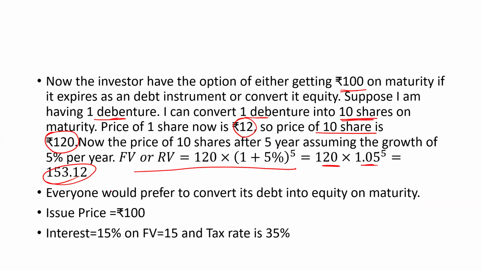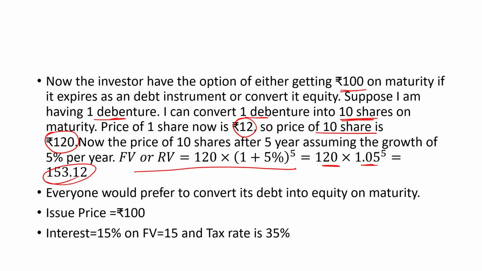But if you're considering it like equity, assuming that whatever debt instrument you have has been converted into equity, then the redemption value is the opportunity cost we are talking about here. Because you have the feature of equity, the redemption value you get from the equity, because one debenture is equivalent to 10 shares, and the price of one share is 12 rupees.